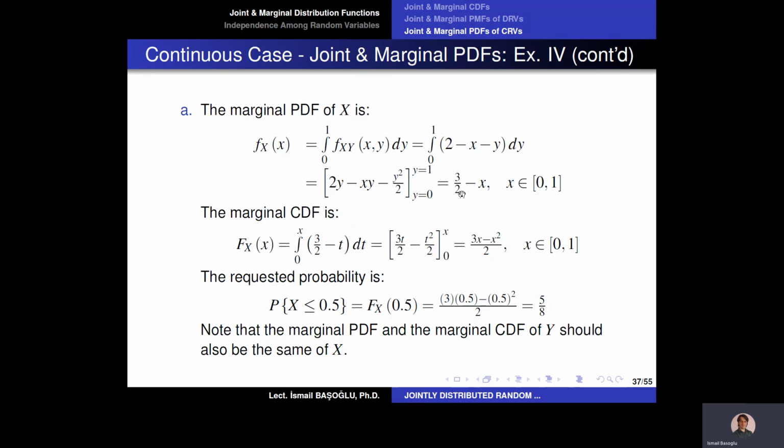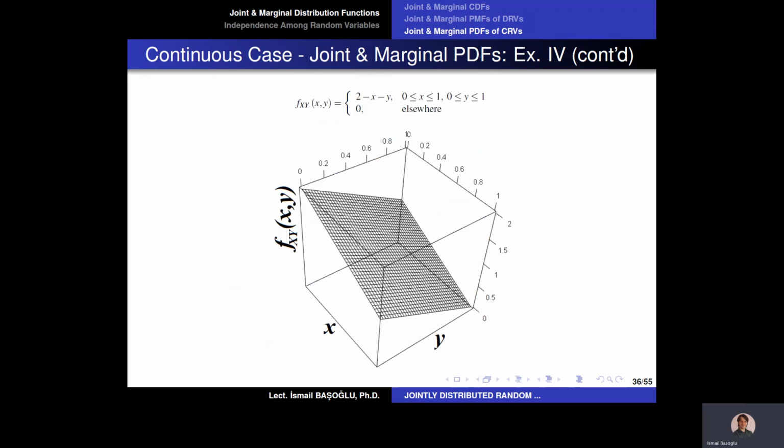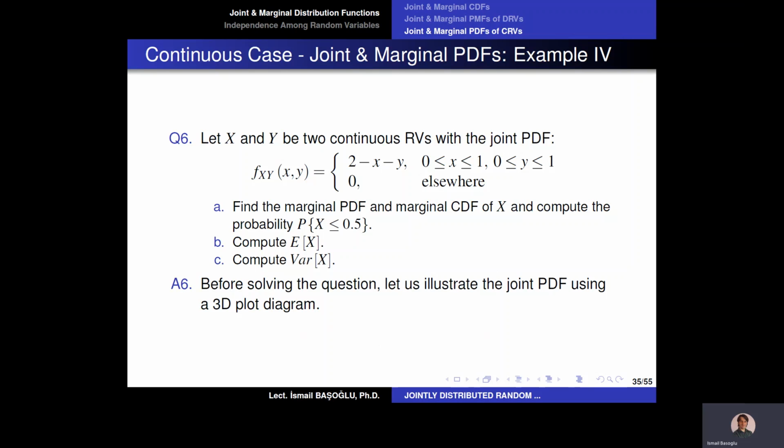The probability density function of y will be 3/2 minus y, and the marginal cumulative distribution function of y will be 3y minus y squared over 2. So the same functions will be observed. Again, this is because the contribution of both variables is the same in the function, and the boundaries are also the same and not dependent on each other.